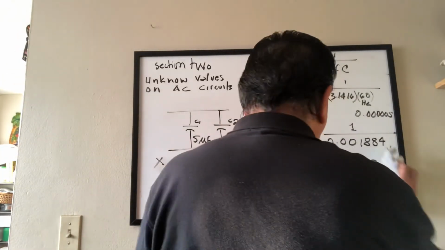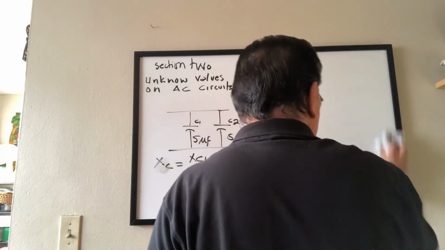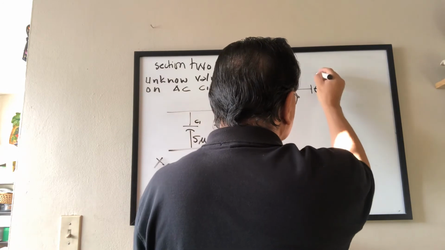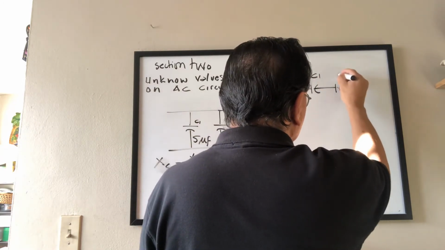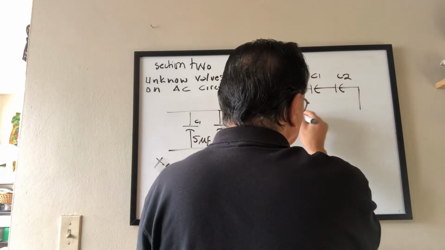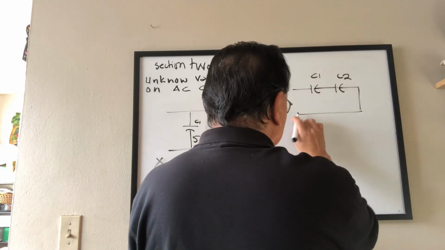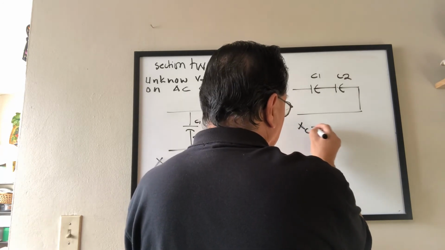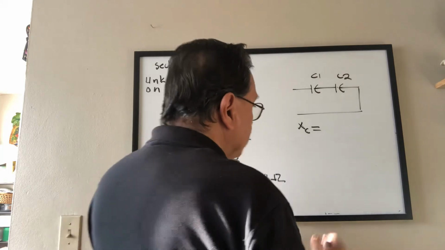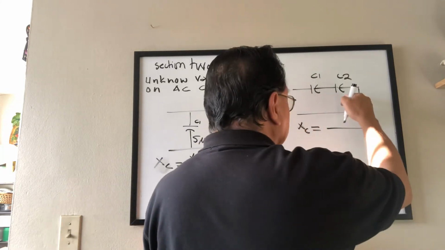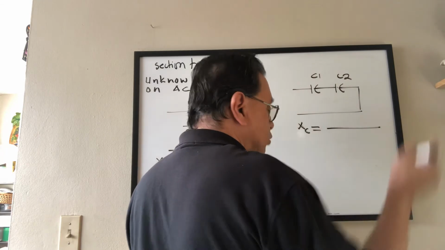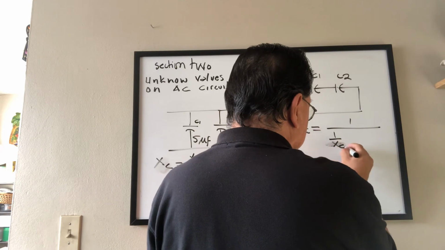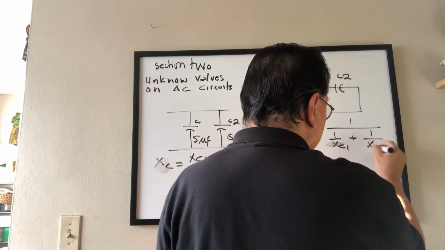If you have the same capacitors in a series circuit, let's say capacitor 1 plus capacitor 2 in series, we apply this formula. The total resistance presented by both capacitors: when they are in series, they behave like resistors in parallel. 1 divided by 1/XC1 plus 1/XC2.